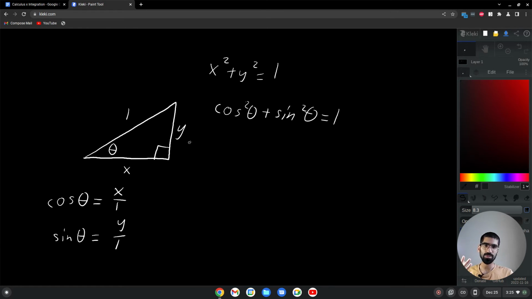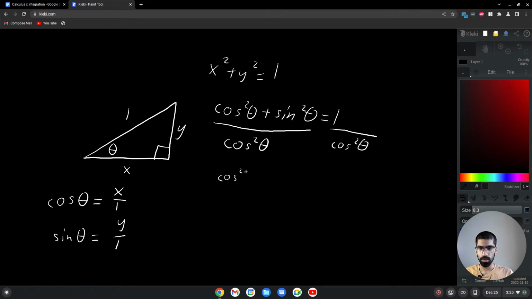So that's part 1. The other thing we're going to do is divide everything, both sides of the equation, by cos squared theta. Because we're doing that on both sides, we're not changing anything, right? We can do this. What that gets us is, let's split this up into 2 fractions.